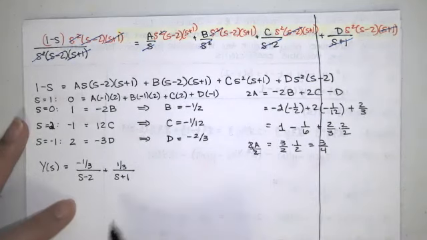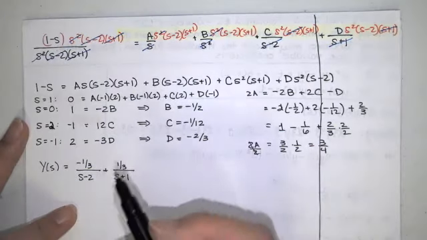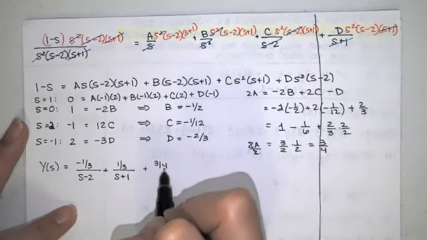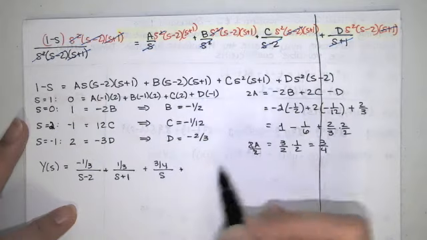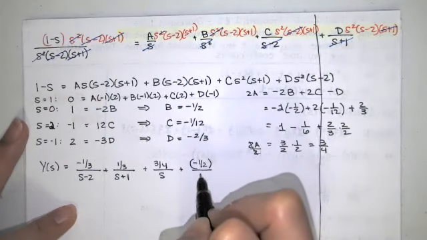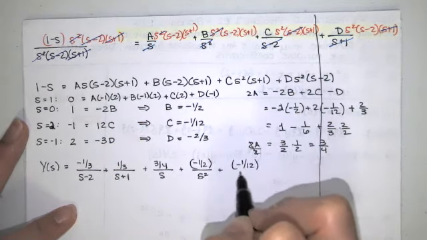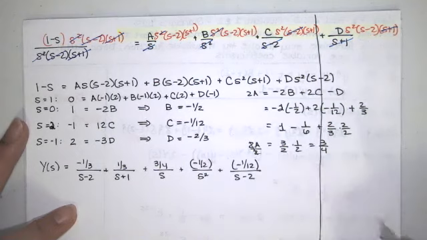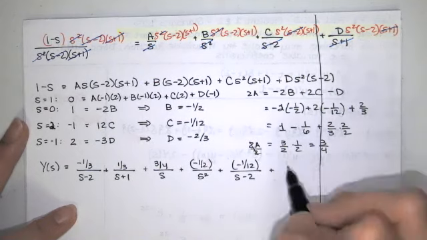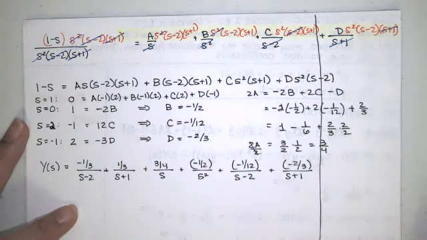Okay, so the partial fraction decomposition for this expression, again, is a over s. So that's 3/4 over s, plus b, which is negative 1/2 over s squared, plus c, which is negative 1/12 over s minus 2, plus d, which is negative 2/3 over s plus 1.